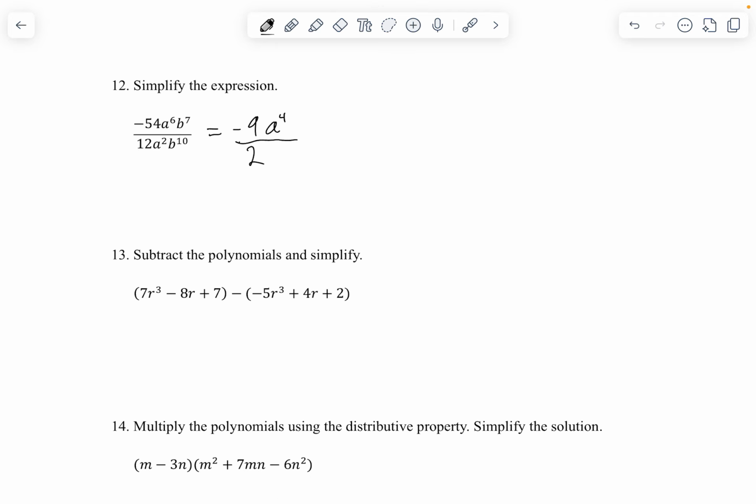And then we look at the b's. b to the 7th on top, b to the 10th on the bottom. 7 b's on top, 10 b's on the bottom. The 7 b's on top can cancel with 7 of the 10 b's on the bottom. That leaves 3 b's on the bottom, so that would be b cubed in the denominator. Okay, so that's how this simplifies down.